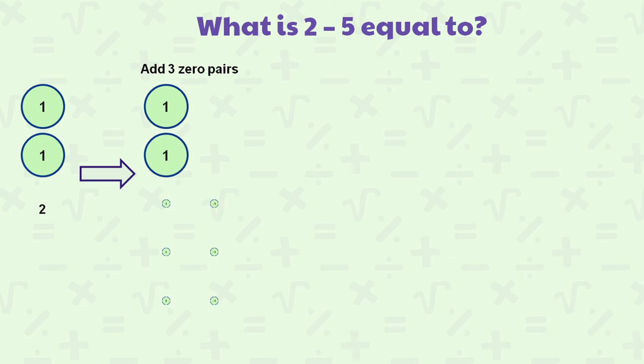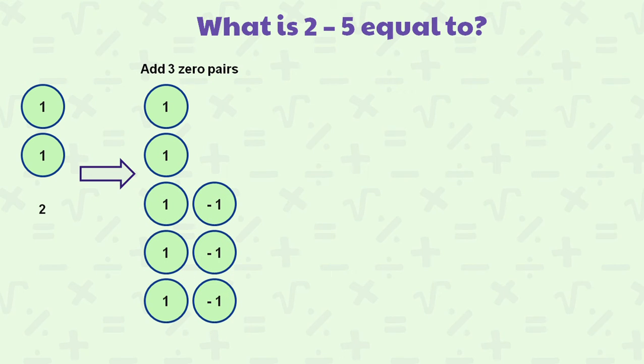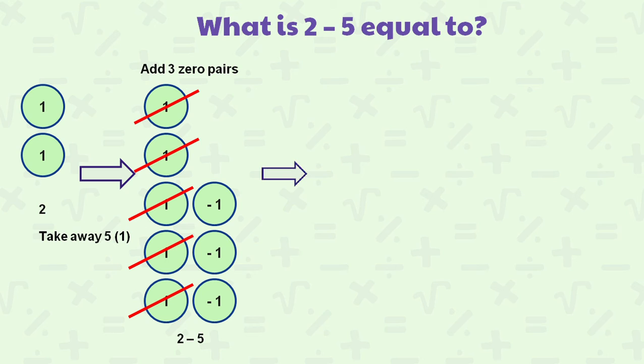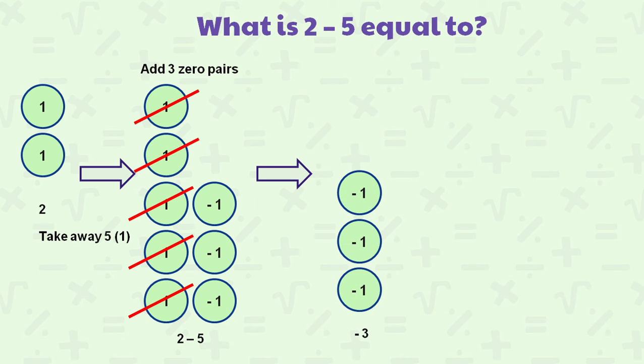Remember that negative 1 plus 1 is equal to 0. And then you need to take away 5, 1. 1, 2, 3, 4, 5. It becomes negative 3. So 2 minus 5 equals negative 3.